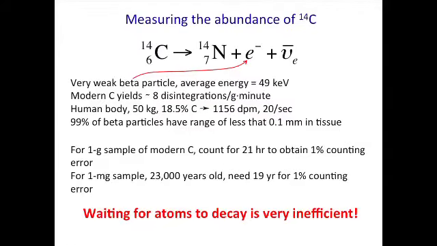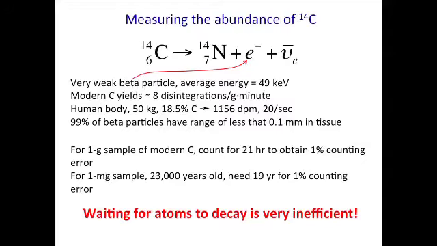Now let's talk about measurements. The measurement of carbon-14 was originally carried out by counting radioactive decays. You sit there and you count the beta particles, and you can get an estimate of how much carbon-14 is in the sample.